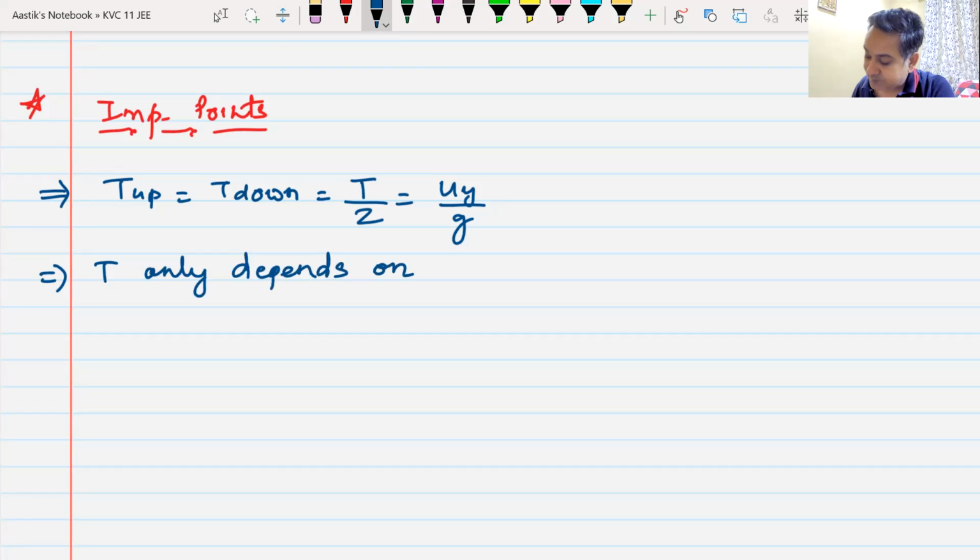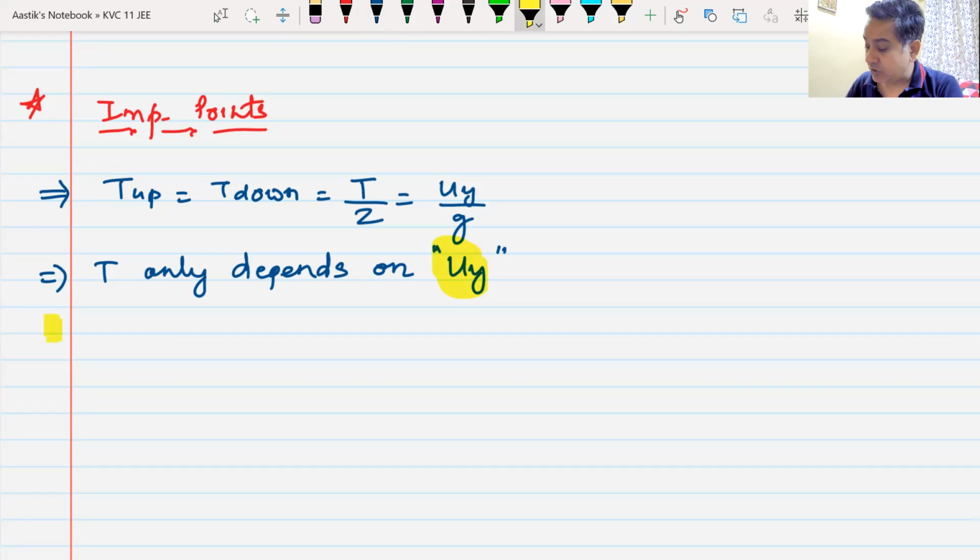Time of flight t only depends on uy. That means it only depends on the initial vertical component of velocity. If you keep the vertical component of velocity same, time of flight will remain same.